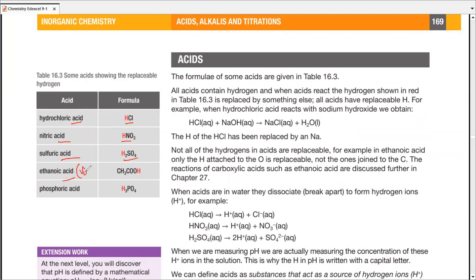We have been calling it vinegar all along, since vinegar is a solution of ethanoic acid in water, more or less concentrated depending upon the concentration. That is CH3COOH. And finally, phosphoric acid, which is H3PO4.